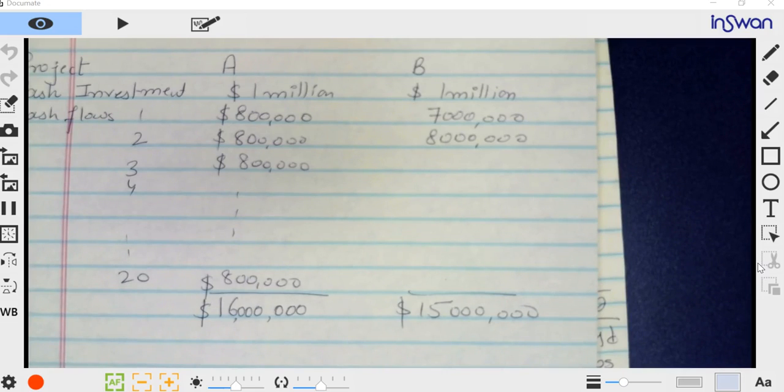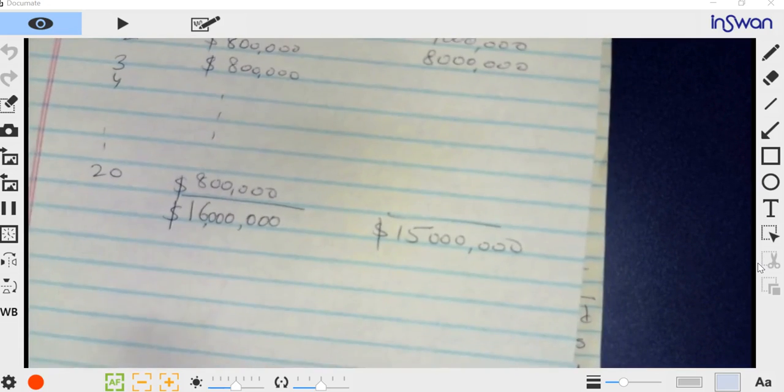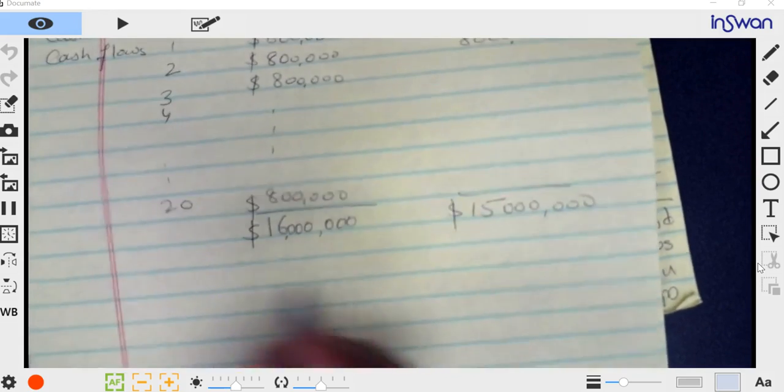The basic idea is that the cash flows received or paid at different points in time are not comparable.